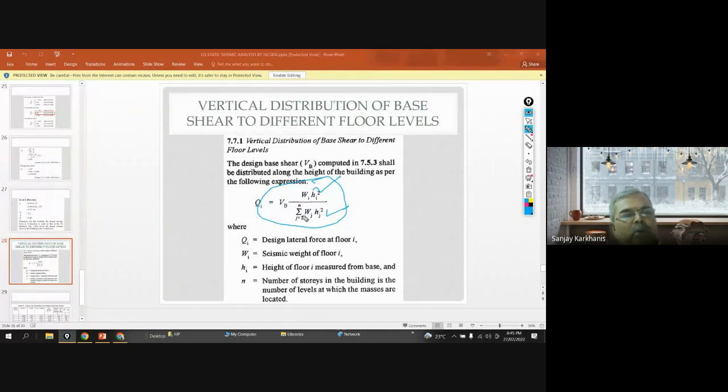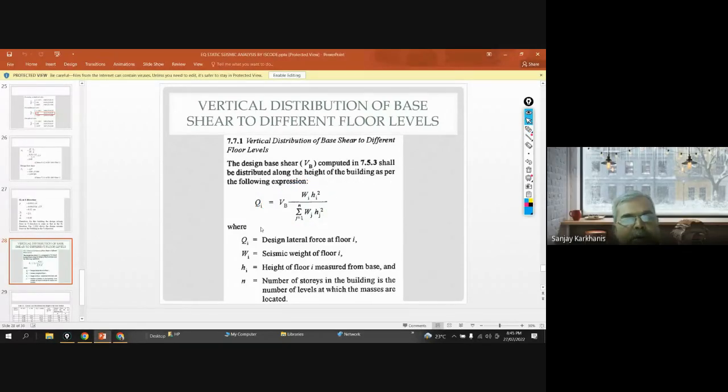So that will be the total Qi, where Qi is the lateral force that is coming in picture or design lateral force at i. So i may be 1 to n. If you are having 15 story, then you will have Q1, Q2, Q3 up to Q15. Clear? Yes, sir.